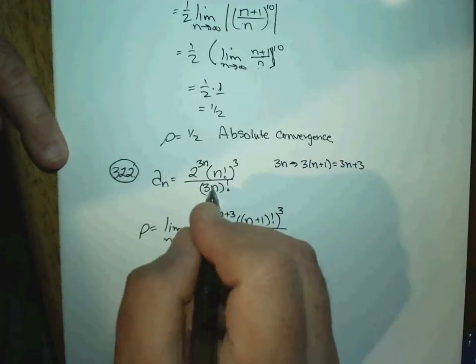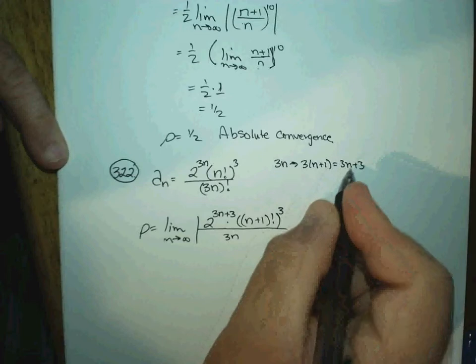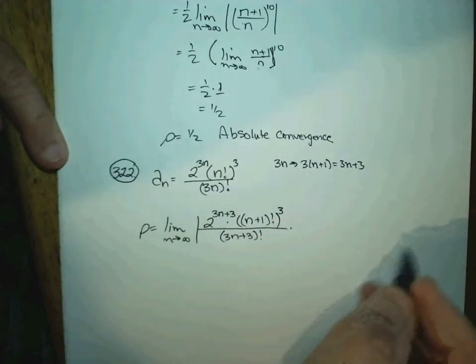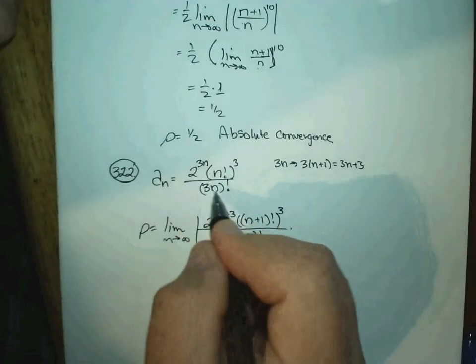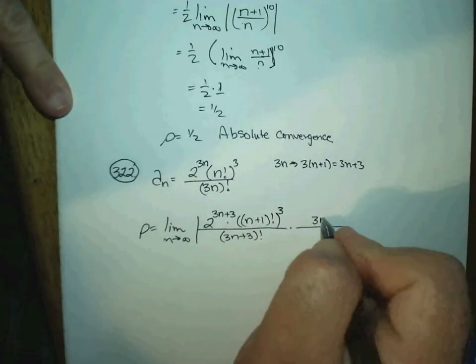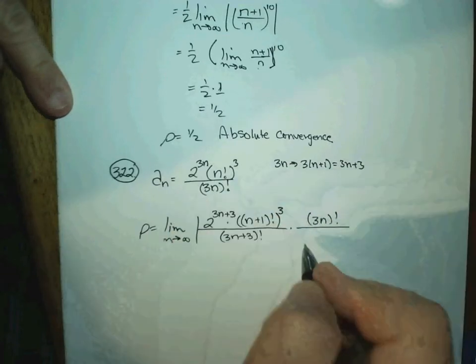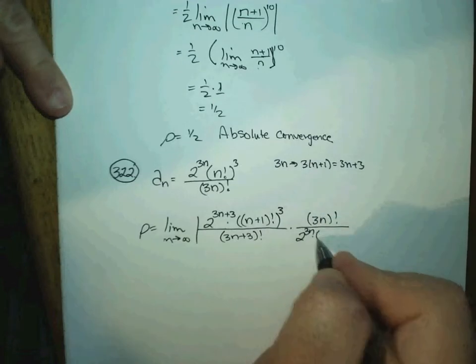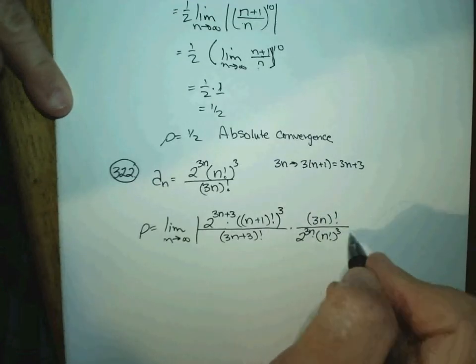This 3n increases to 3n plus 3, just like here. And then we have to multiply this by the reciprocal of the a sub n term. So up top, 3n being factorialed, in the bottom, 2 to the 3n times n factorial cubed.